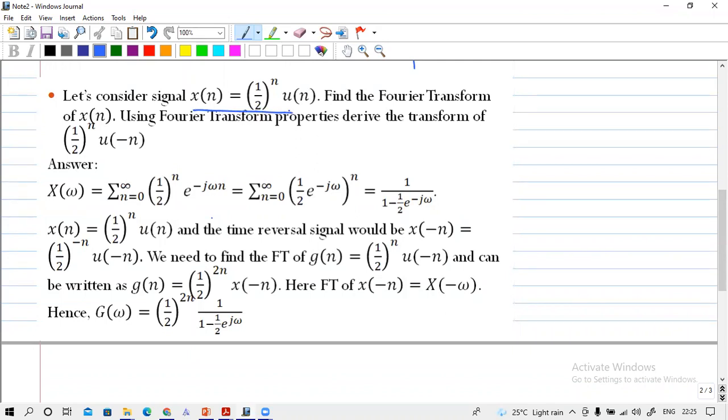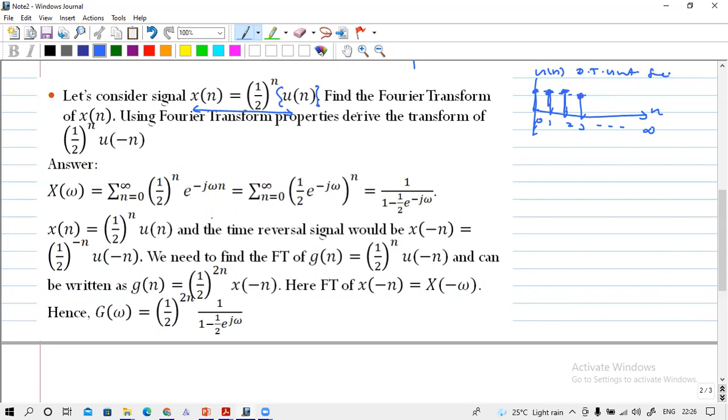You know that u[n] is the unit step function, and it is somewhat like this, up to infinity: 0, 1, 2, 3. This is the discrete time unit step function.